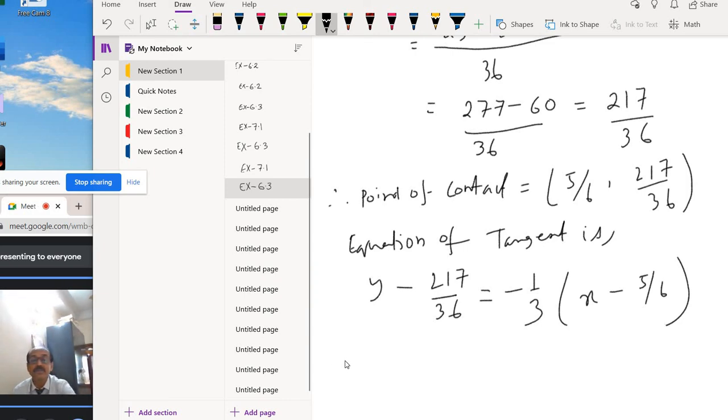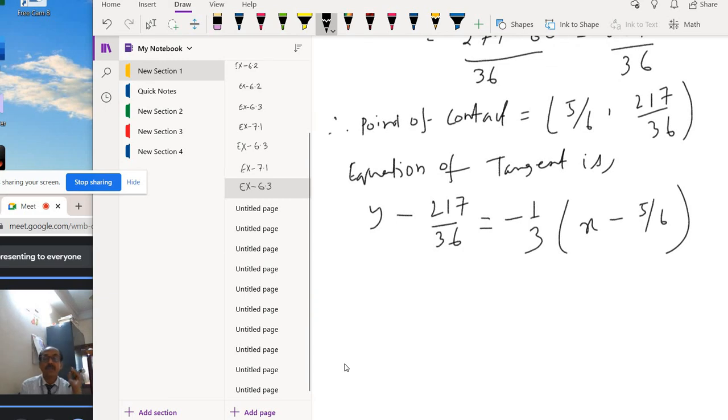Now multiply both sides by 3, so it is 3y minus 217 by 12 equal to minus x plus 5 by 6.